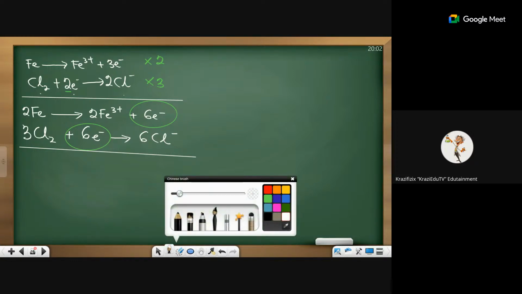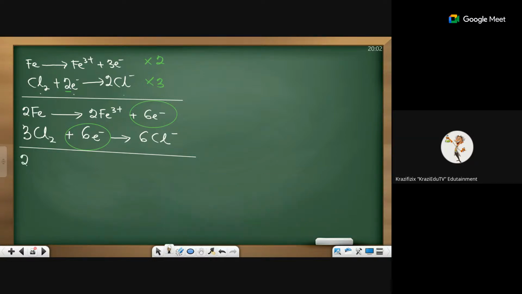What's on the left on top? 2Fe, which is a solid, plus 3Cl2, which is a gas, to give us 2Fe3+ plus 6Cl minus. We have now balanced in terms of ions.